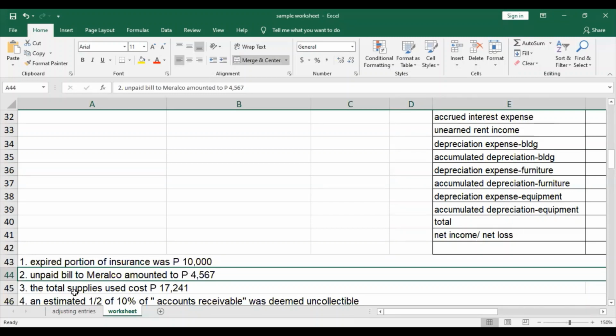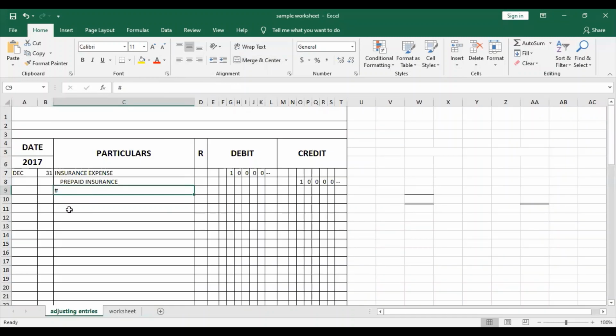Since nagkaroon ka ng consumption, nagkaroon ka ng expenses, nag-increase yan, every time expense increases, it is written on the debit side. So, ang lalagay mo dyan, debit, utilities expense. To recognize your consumption of electricity. Magkano yun? 4,567.